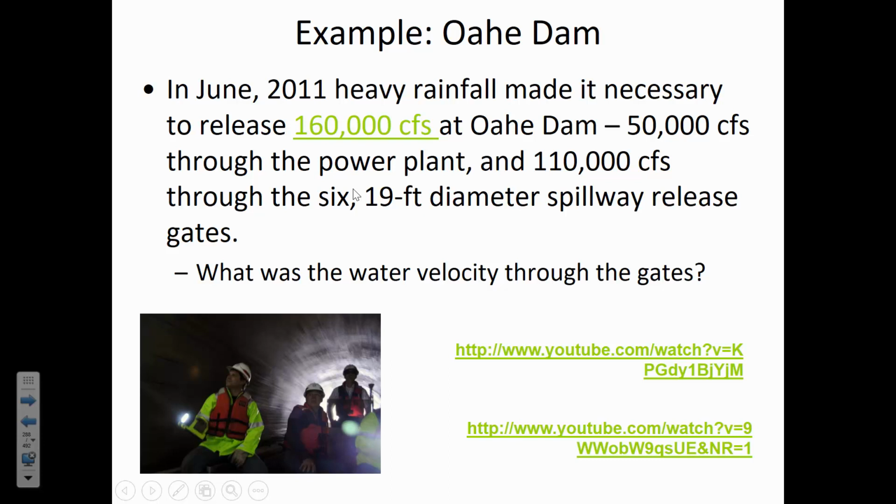In this case, we're working in traditional units, so Q is in cubic feet per second, velocity is in feet per second, and area is in feet squared. We want to find the flow velocity through each of the gates, and whether it's in the neighborhood of what we would have expected based on the videos we just saw.